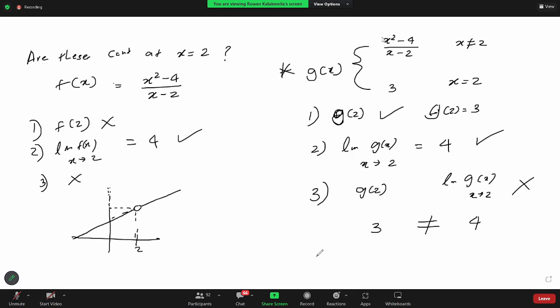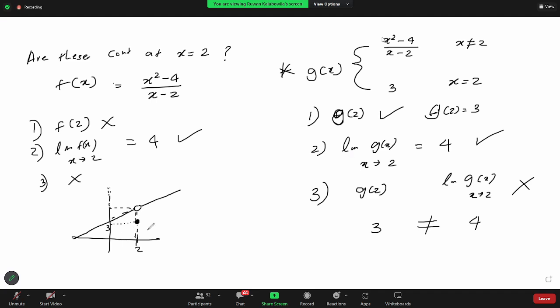So that means again this gx function is not continuous at the point x equal to 2. When you draw the function, it is very similar to the first one, but there is a value for x equal to 2, that is here.